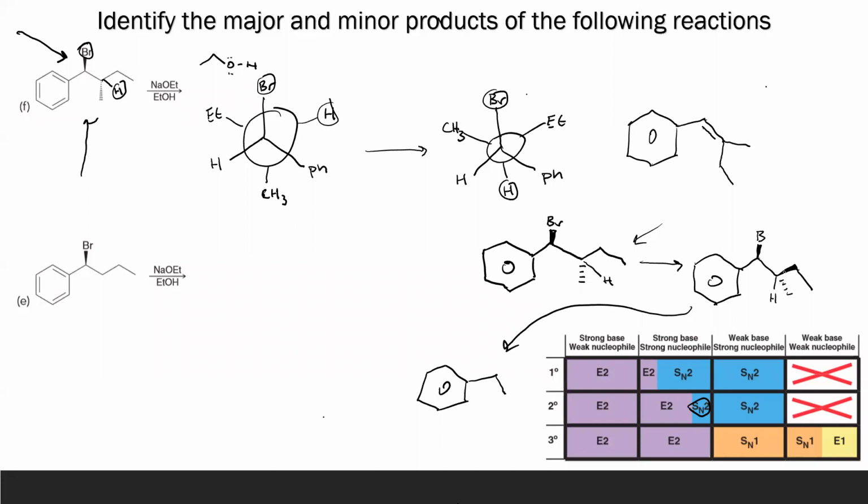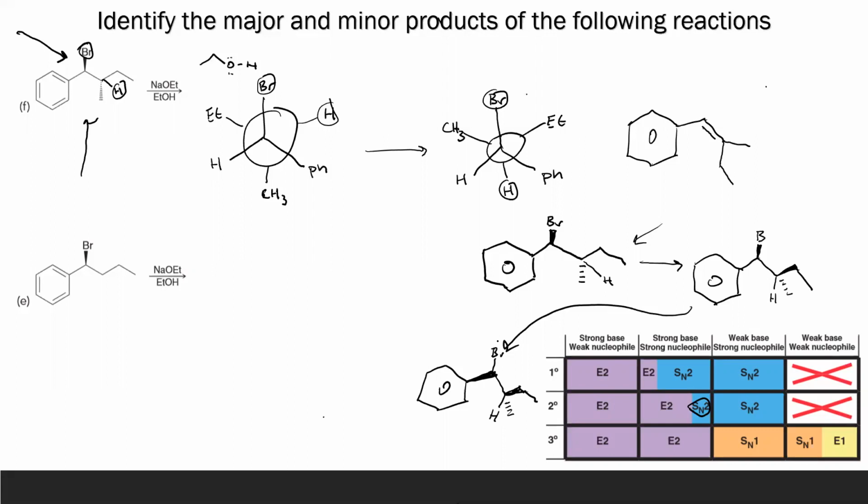Okay, and then you can rotate it again to get something like that.